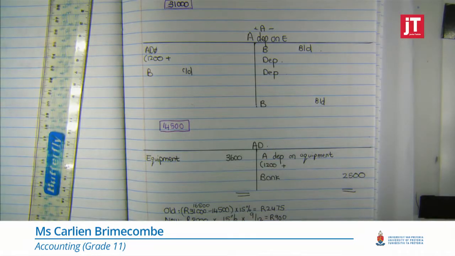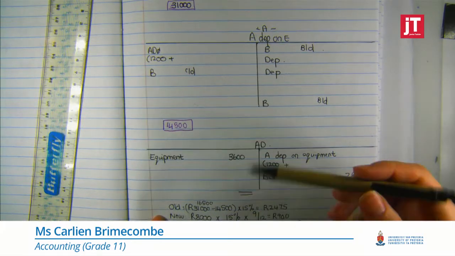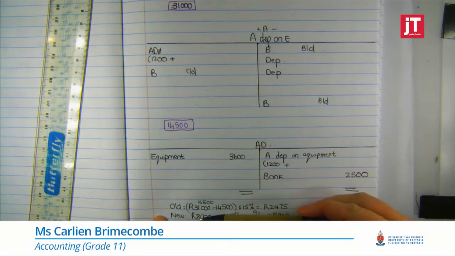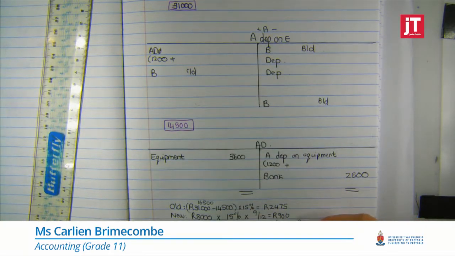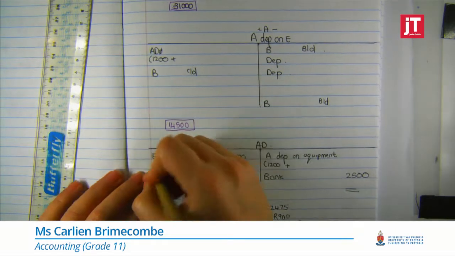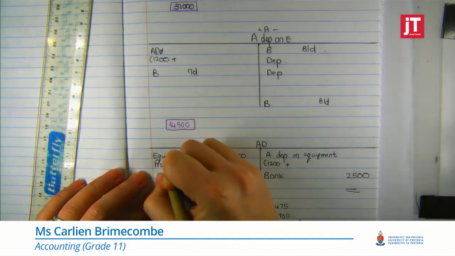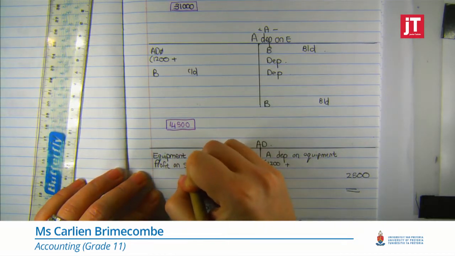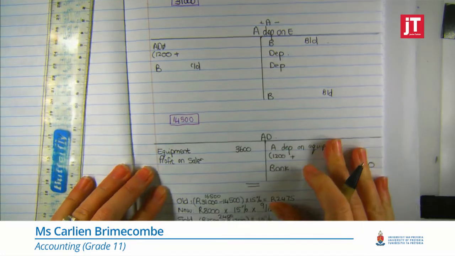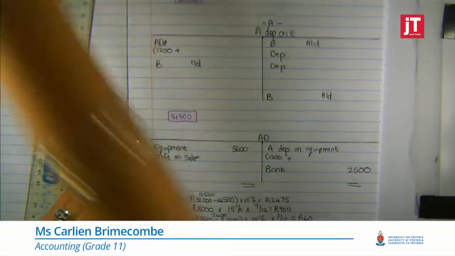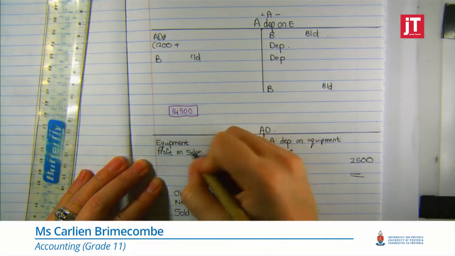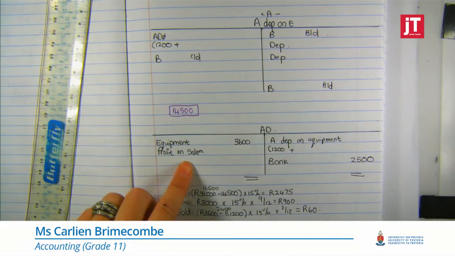So I will explain it here. If you have a look, we calculated on the old, the new, and that's what we sold. This is the asset disposal account. So we had a profit on sale of asset.